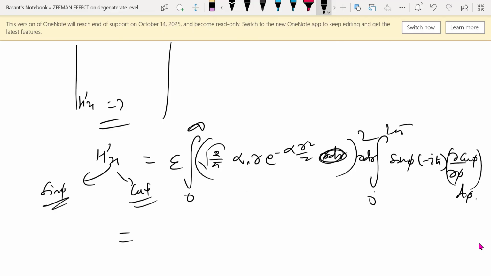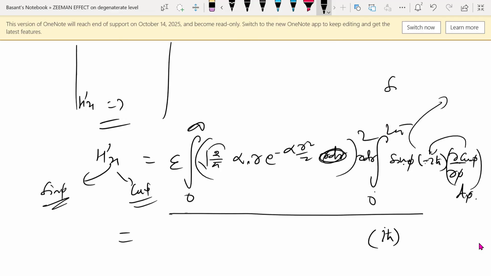Here this integration gives the same value, only the difference is that here it is minus i h-bar, and by differentiation this gives plus i h-bar. So this is plus i h-bar and sine square phi.